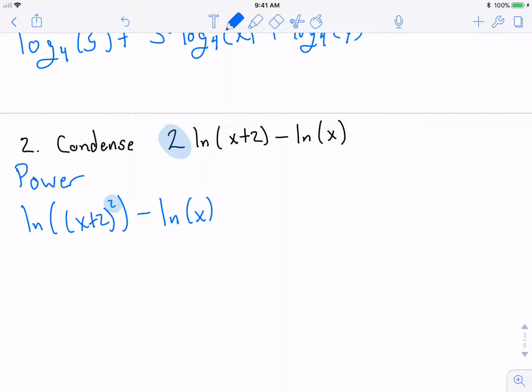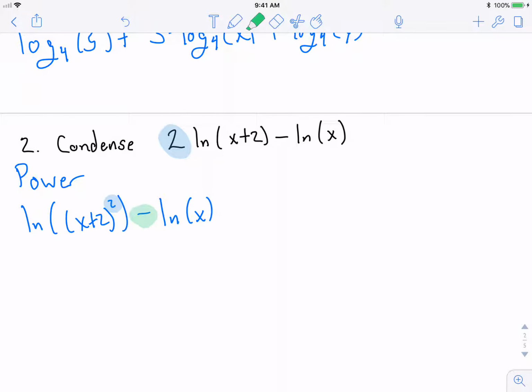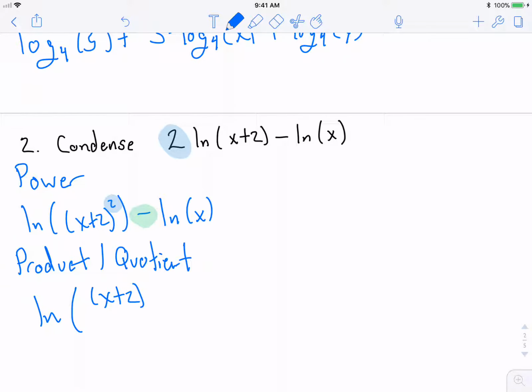Now that we've dealt with all of the exponents, we'll get rid of the addition and subtraction outside of the log. And since we have some subtraction right here, this will become division inside of the log once we look at the product and the quotient. And our end result will be the natural log of x plus 2 squared divided by x.